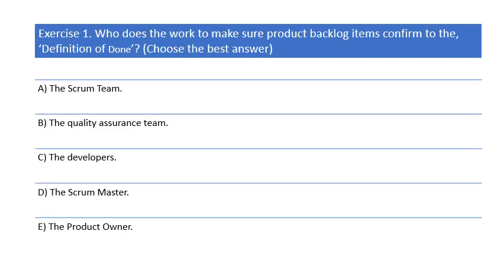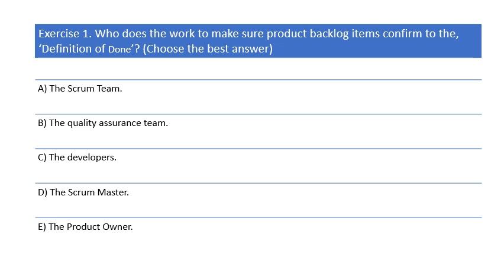There are 3 questions given for you to practice. Find out the answers and let us know in the comment box. Exercise 1. Who does the work to make sure product backlog items conform to the definition of done? Choose the best answer. Option A. The Scrum team.